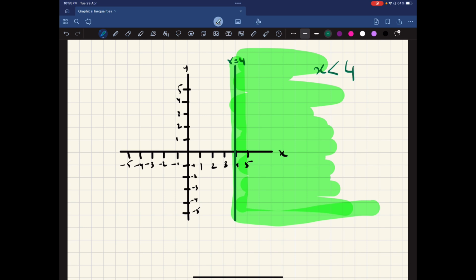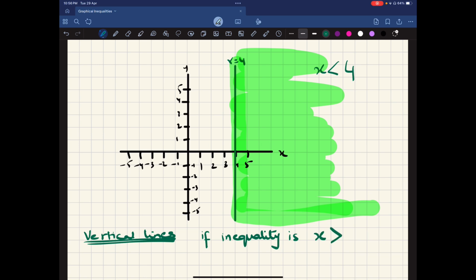So the rule is that if the inequality, this is for vertical lines, okay? It is different for horizontal and slanted lines. For vertical lines, what is the rule? That if the inequality is greater than, so for example, x is greater than, okay?